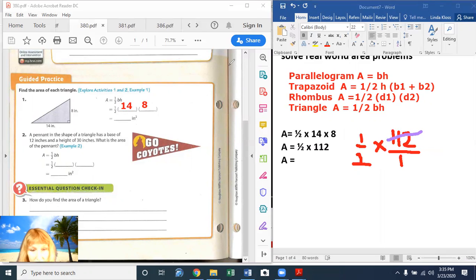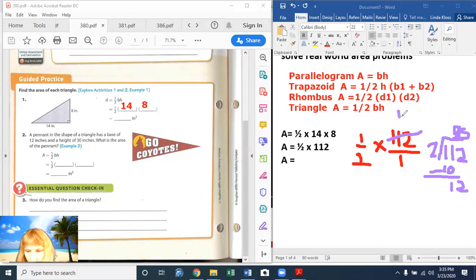And if you can't figure out what that is, you could always do it like this, long division, 112 divided by 2, and you would get 2 times 5 is 10. You would bring that down. We'll go through more long division in a little bit. Bring down the 2, 6. 56.